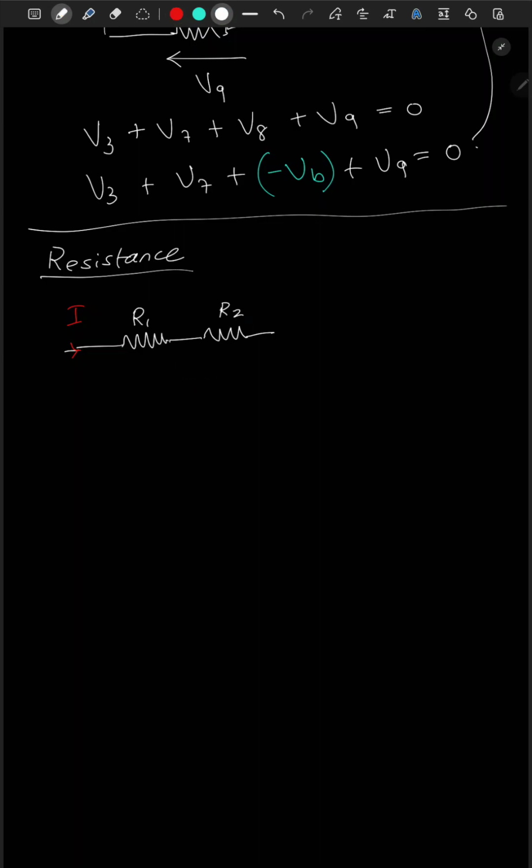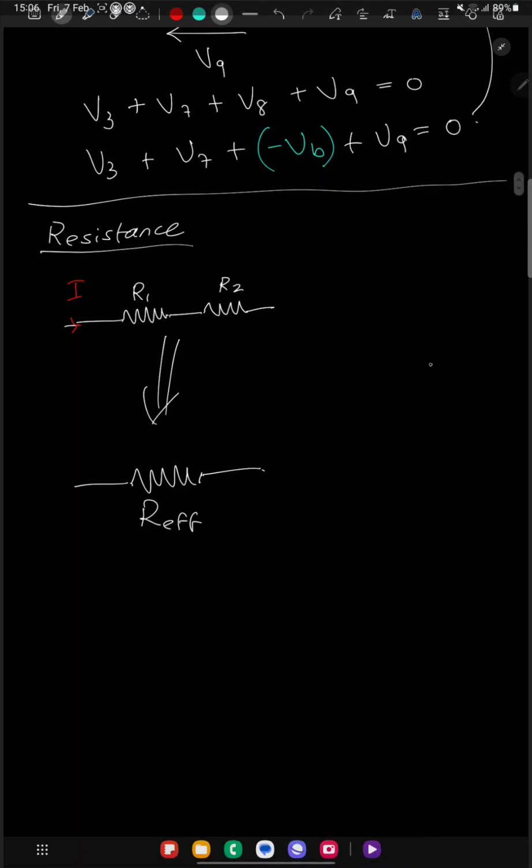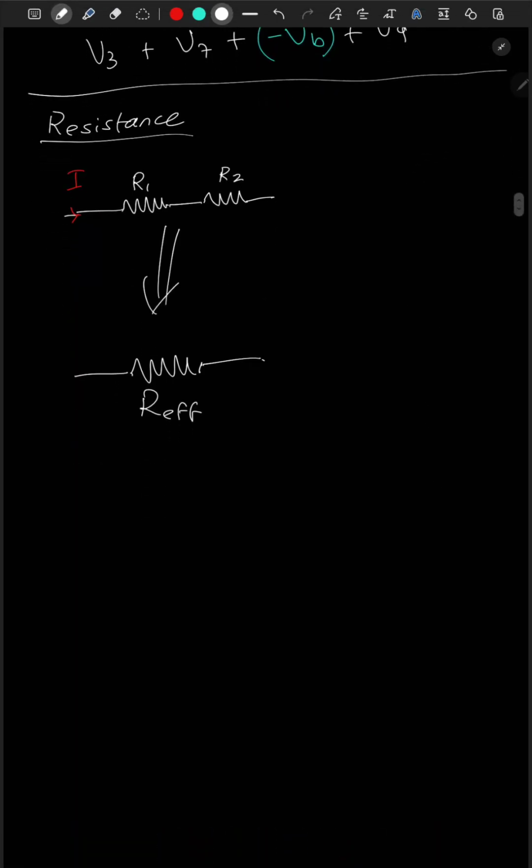If we have to find the effective resistance, we can replace this by one large resistor, which we call the effective resistance. Now the effective resistance would be R1 plus R2. So it is a sum of all the resistors.